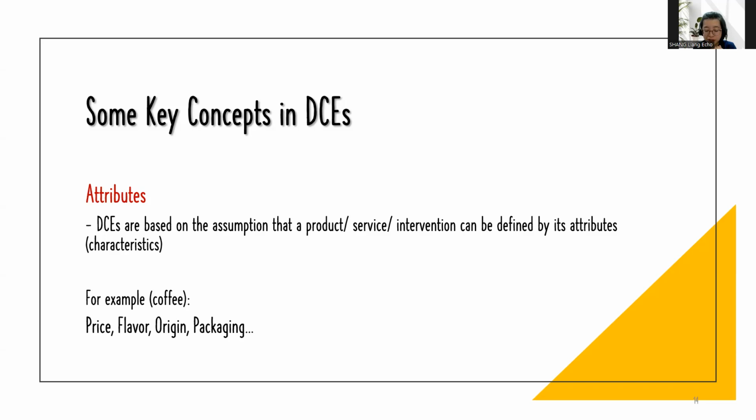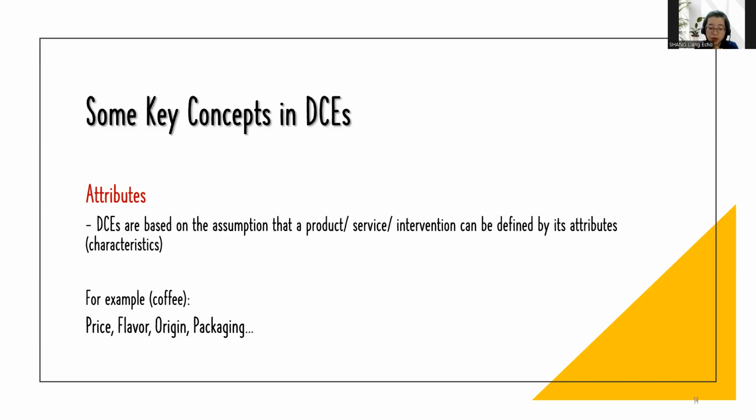We have been talking about this concept a lot in our previous slides. Attributes refer to the characteristics or features that are important to consumers when they consider whether to adopt a certain service or product.